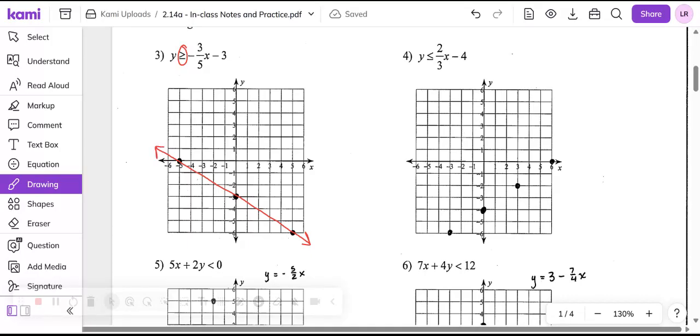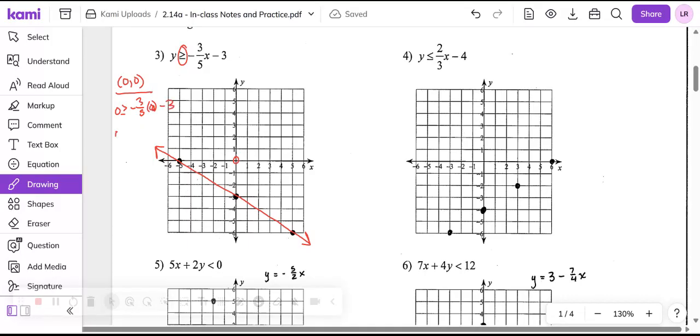Then I need to test a data point. In this particular one, (0, 0) is available to test. So I'm going to plug (0, 0) into my inequality and test to see whether I get a true statement or a false statement. So 0 for y, negative 3/5, 0 for x.